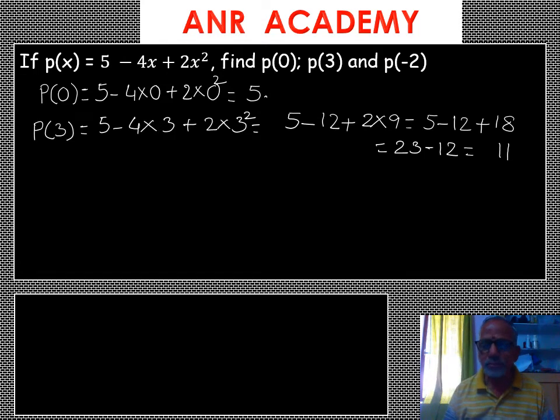Understood? Very clear. You should remember like this. So P of 3 is equal to 11. Now let us do the next one.